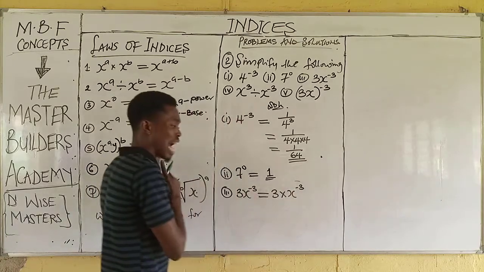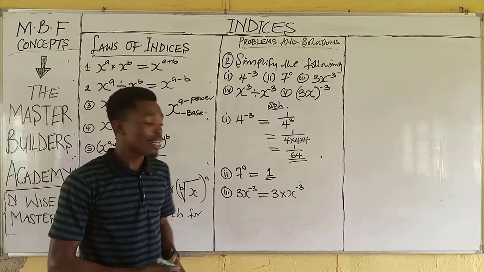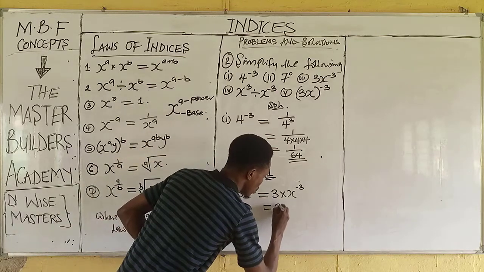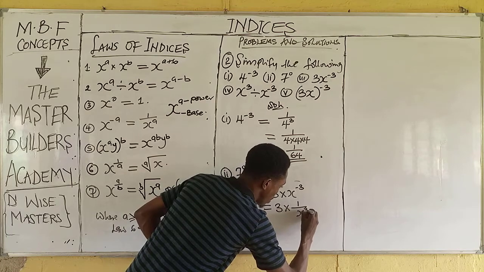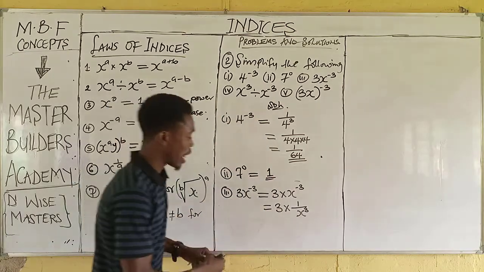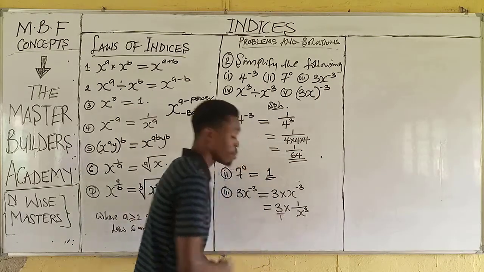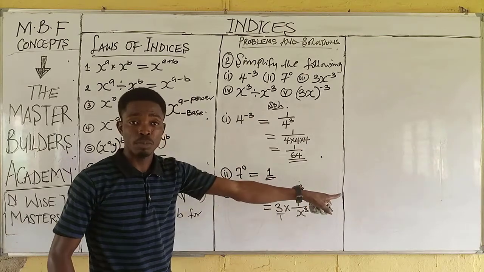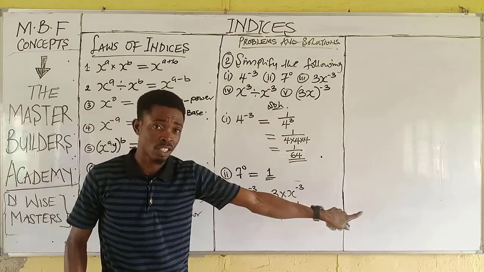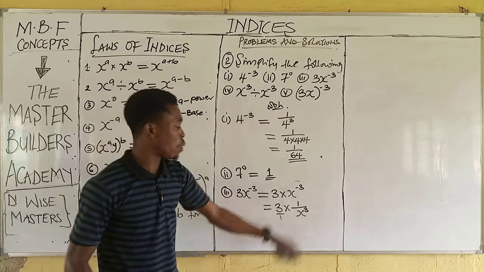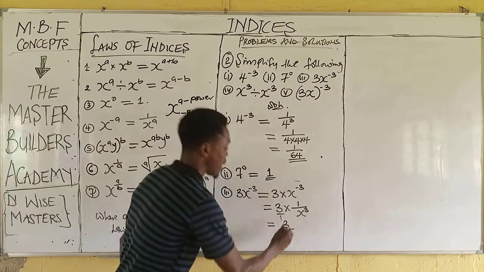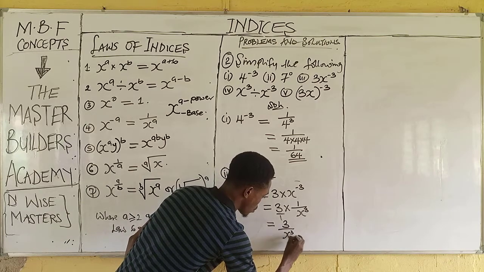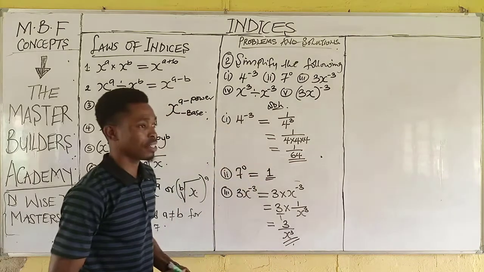And based on what we have here, negative power can be reduced to what? 3 times 1 over x raised to the power 3. All we just need to do now is 3 in its fraction form is over 1. So we multiply out the numerators and as well multiply out the denominators. So 3 multiplied by 1 would have given us 3, which is the numerator, and 1 multiplied by x cubed, we have this as what? x cubed. It's as simple as this.